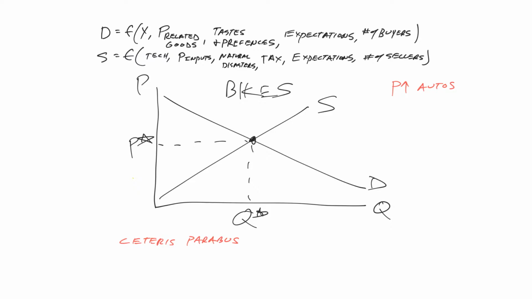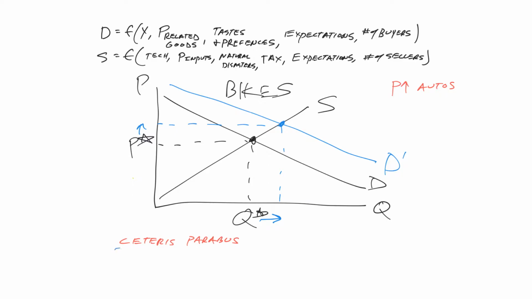Not everybody, but some will now buy bikes. So the demand curve will shift out to the right. And we have a new equilibrium. The equilibrium price increases, equilibrium quantity increases.